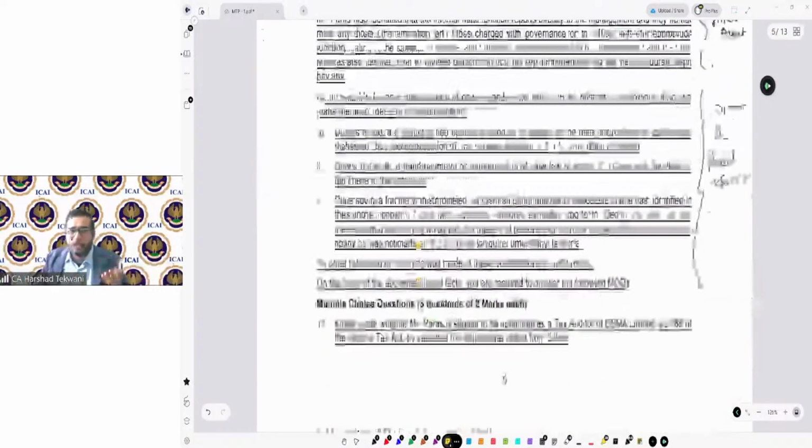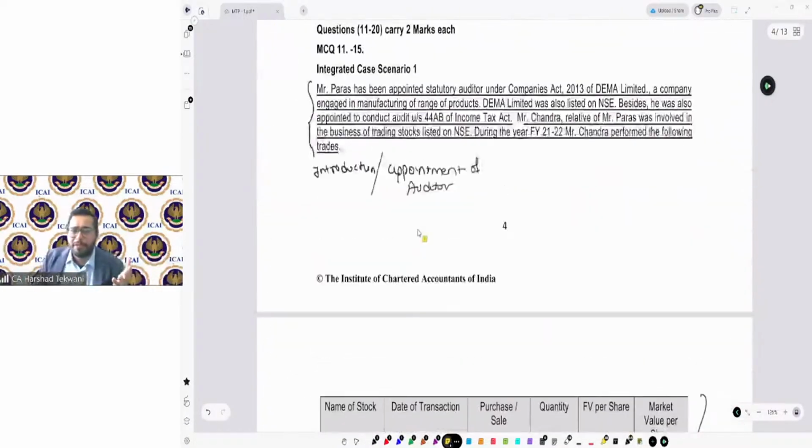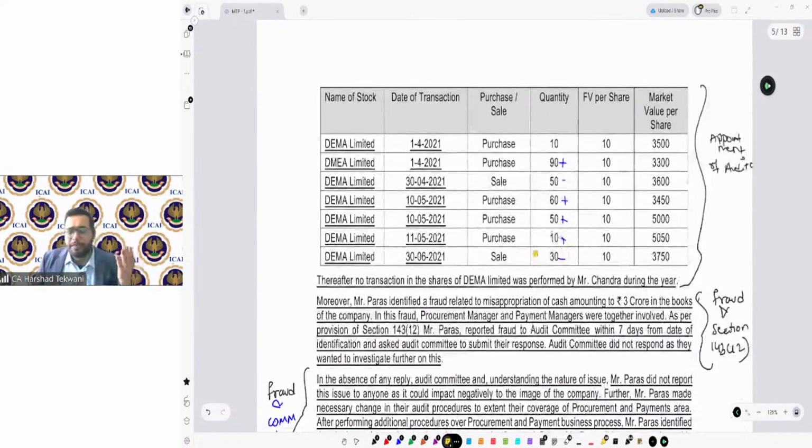Again, in the question itself, there is no mention of a person competent to verify the return. It is only said that Mr. Chandra, a relative of Mr. Paras, is involved in the business of trading of stocks. This does not give me any information with respect to a person competent to verify the return.